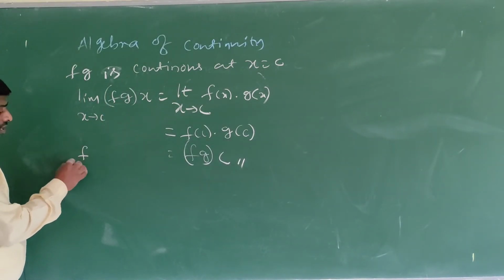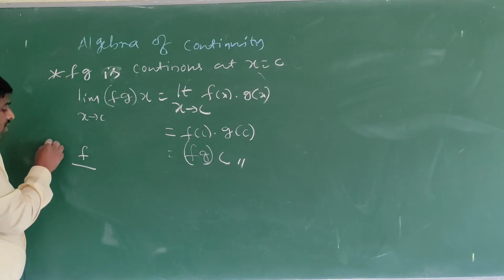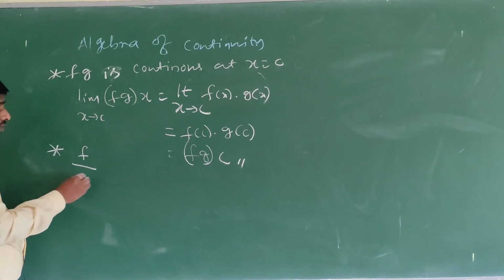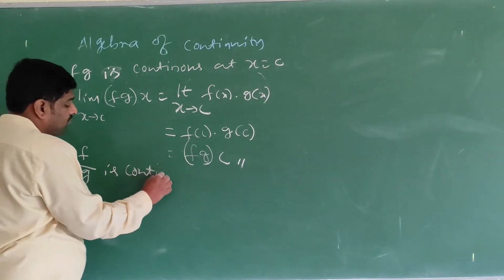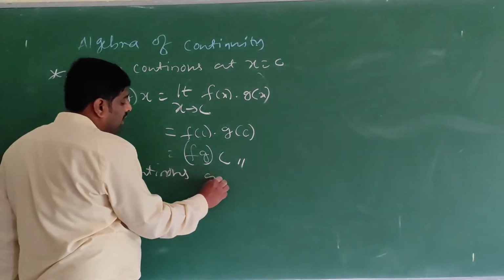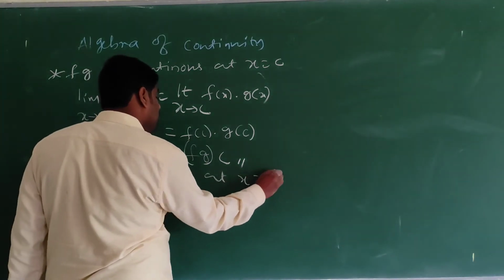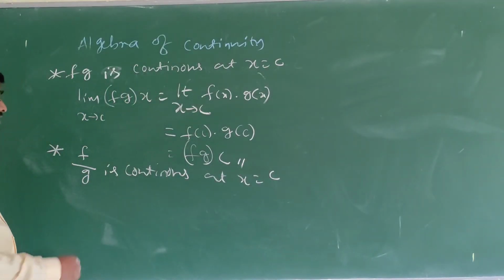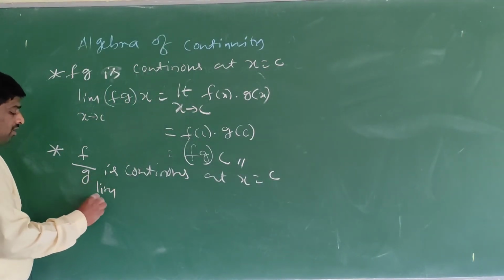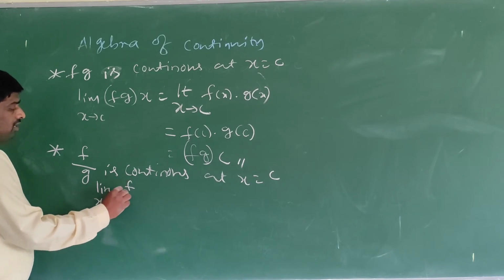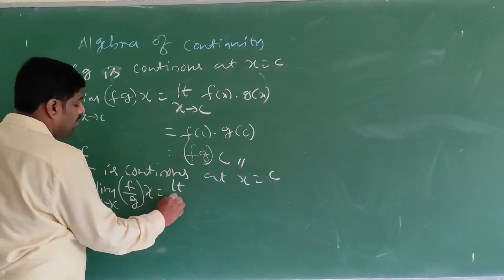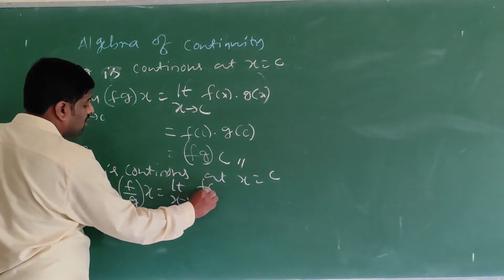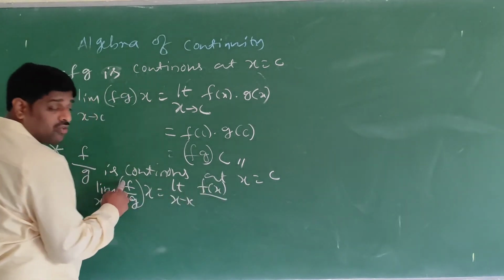Next one is f by g. This is the third one, this is the fourth one. f by g is continuous at x is equal to c. Therefore, limit x tends to c, f by g of x is equal to limit x tends to c, f of x by g of x.